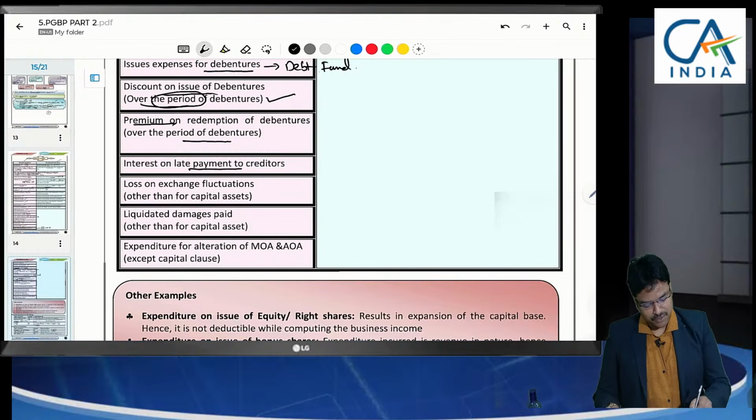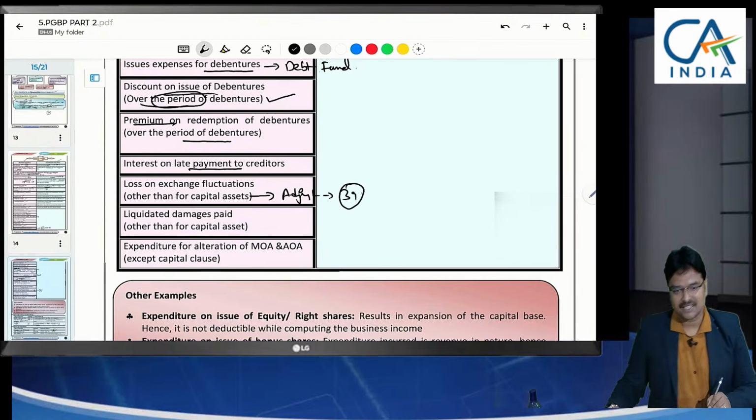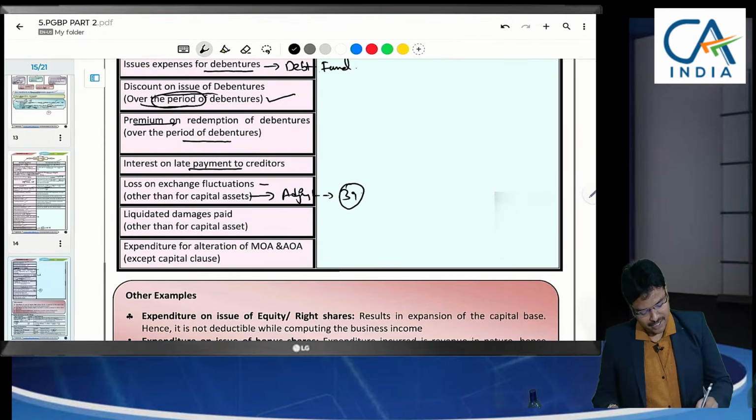Foreign exchange fluctuations, for capital assets what I have said is you have to adjust to the actual cost, section 39. In today's session itself we have discussed. All other exchange fluctuations you can claim as expenditure. Liquidated damages paid, if it was paid towards a capital asset, then you have to capitalize to claim depreciation.